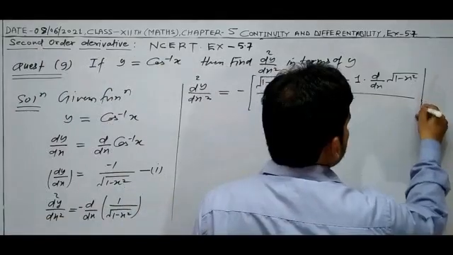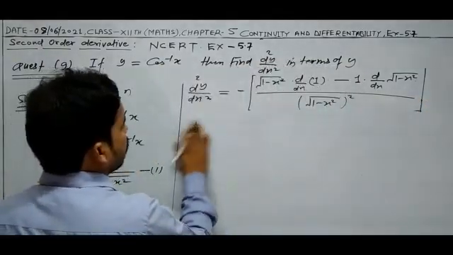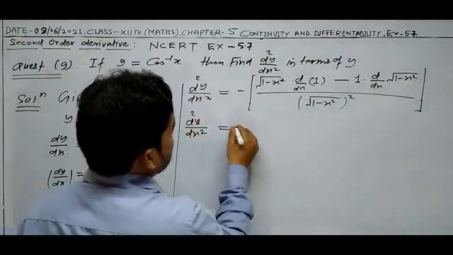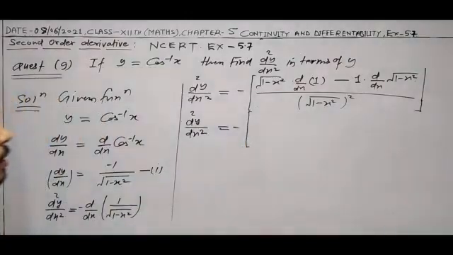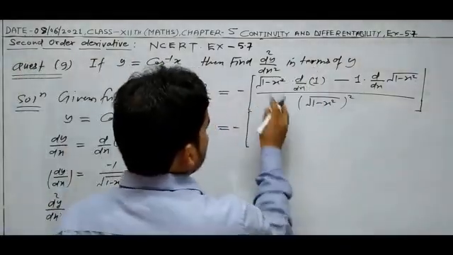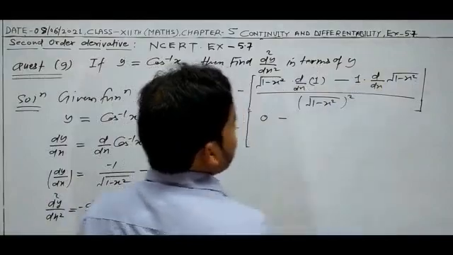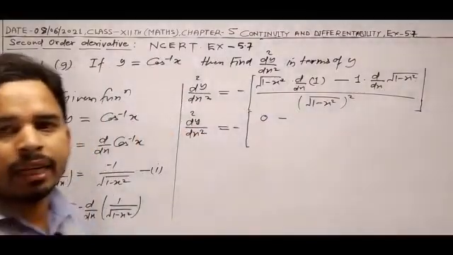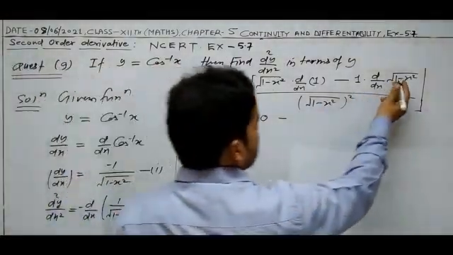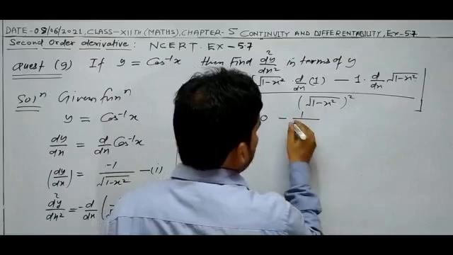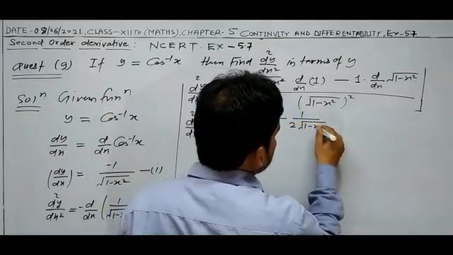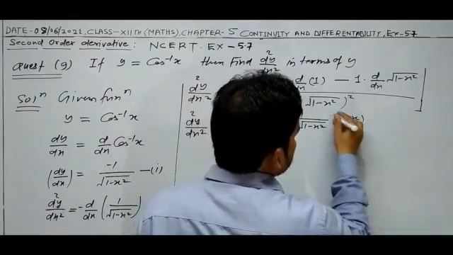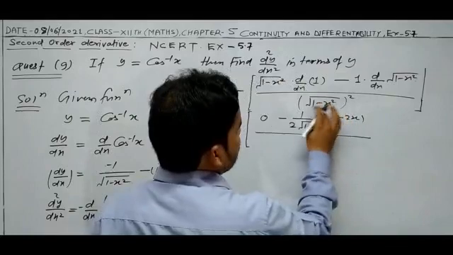Now d2y by dx2 is equal to minus. The constant's differentiation is 0, so the whole term will be 0, minus this differentiation, d by dx of root x, whose derivative is 1 upon 2 root. So its derivative is 1 upon 2 times root over 1 minus x square, with 1 minus x square differentiation being minus 2x, whole upon this square root, will cancel out.